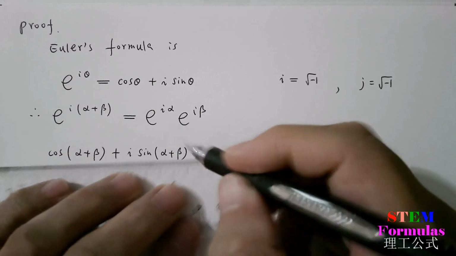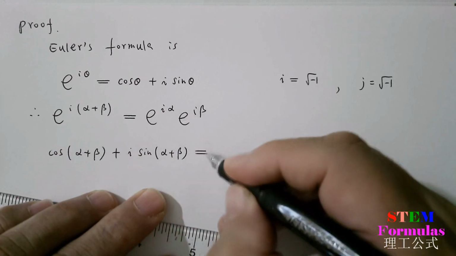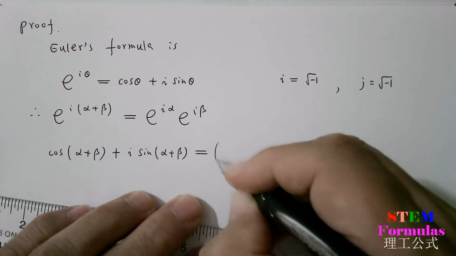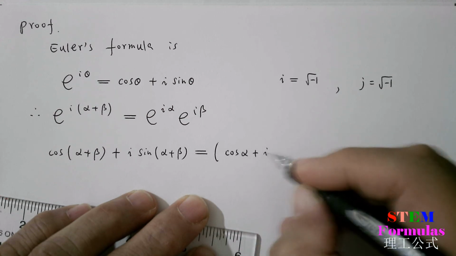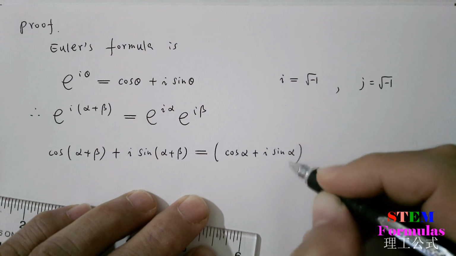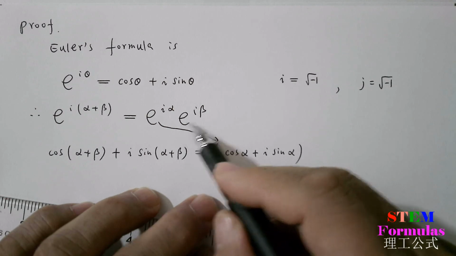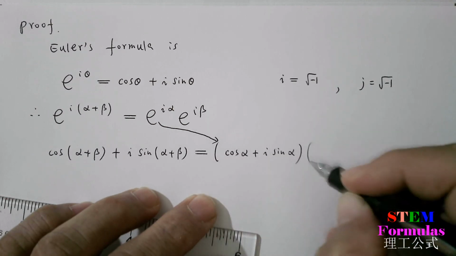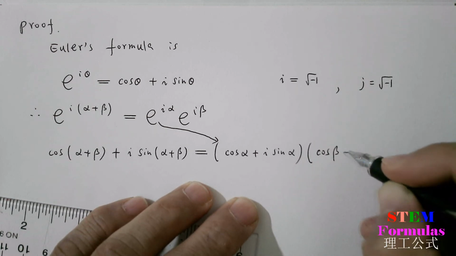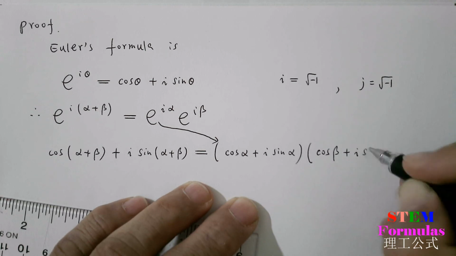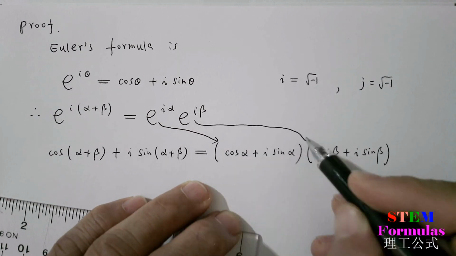On the right, I have e to the I alpha equal cosine alpha plus I sine alpha. So this is here. Now, e to the I beta equal cosine beta plus I sine beta. So this term is here.